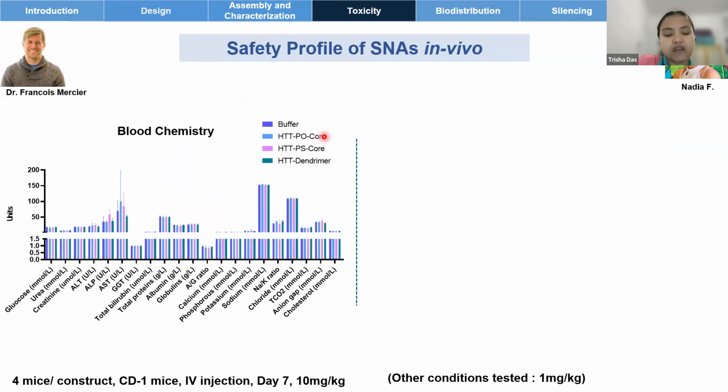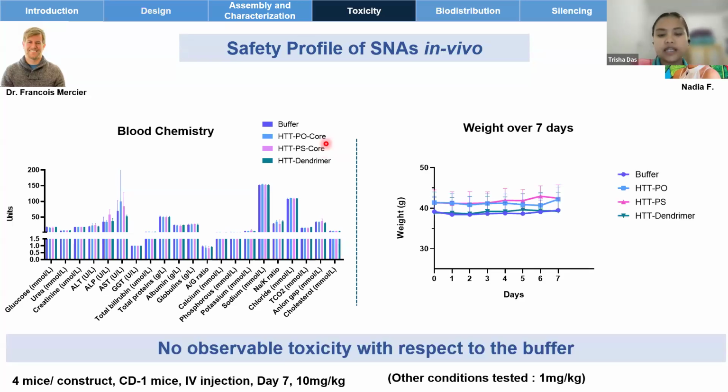We have different structures here, and when we weighed the mice over the period of 7 days, we see that their weight doesn't fluctuate much. Based on this short study, our structures are not toxic, and we can move to the next studies.